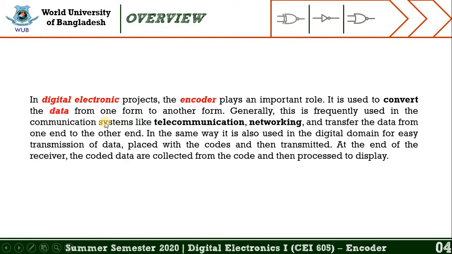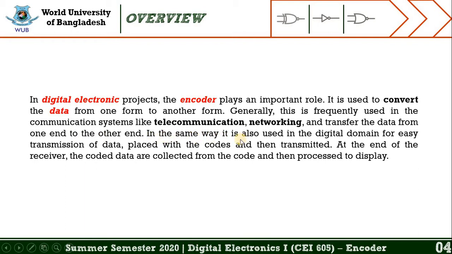In digital electronic projects, the encoder plays an important role. It is used to convert the data from one form to another form. Generally, this is frequently used in communication systems like telecommunication and networking, to transfer the data from one end to the other end.